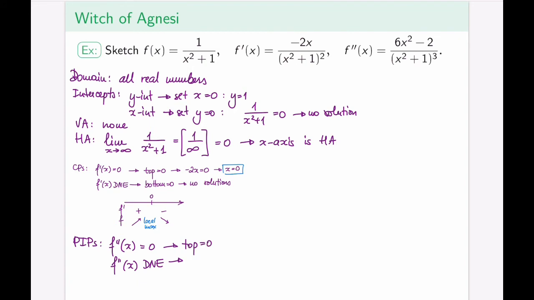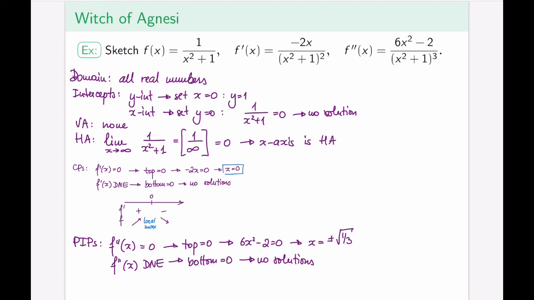So it's equal to 0 if the top is 0 and it does not exist if the bottom is 0. The bottom being 0 has the same factor, so this will still produce no solutions for us, but the top of it is going to be 0 when 6x squared minus 2 is 0. And if we solve this equation, this will give us two roots. They're not nice numbers, but they are rational: plus and minus the square root of 1/3. Again, I'm leaving some of the algebra here for you to do.